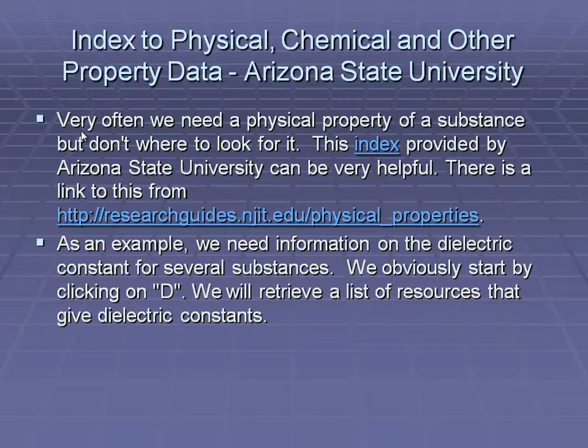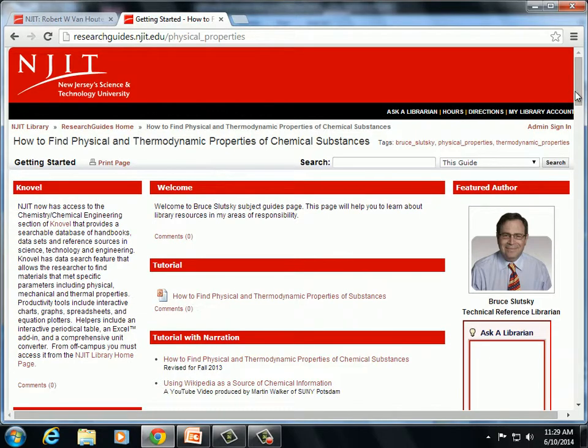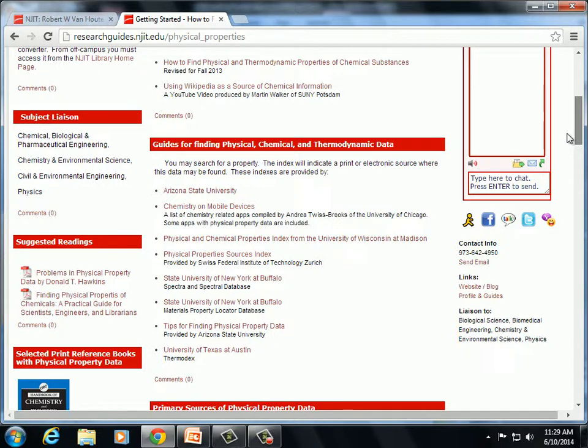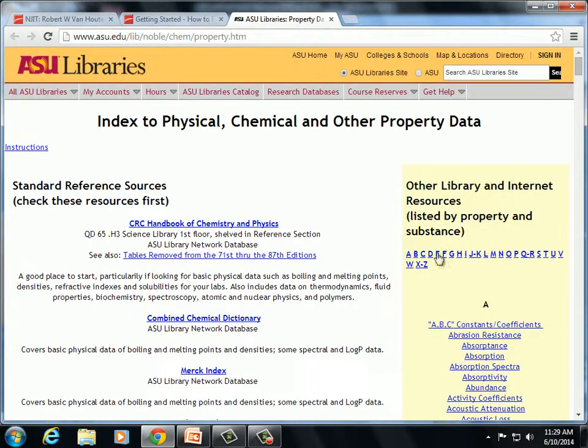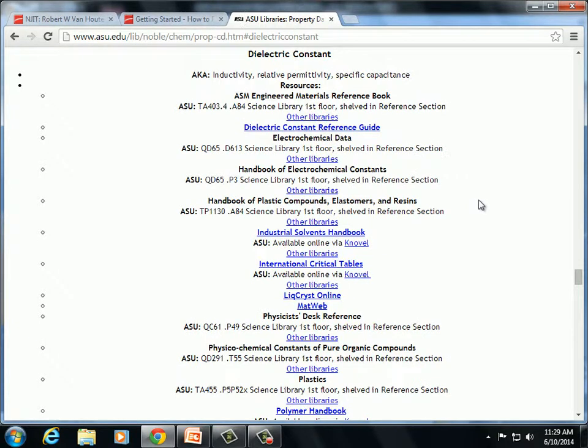Let's say you're looking for information on dielectric constants. What you would do is go back to my page here, and then here, guides for finding physical, chemical, and thermodynamic data, Arizona State University. You look under D, under dielectric constant, and it will give you sources, both print and electronic, that would have information on that.